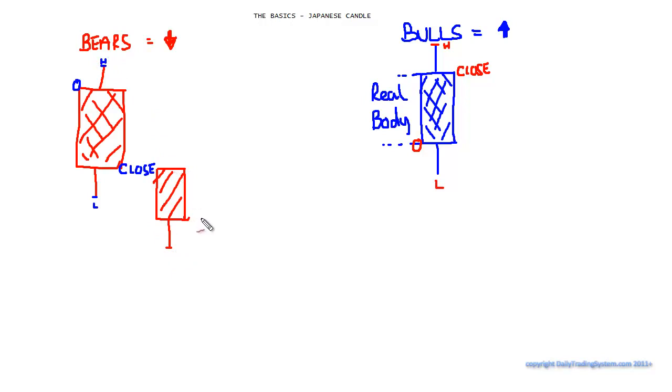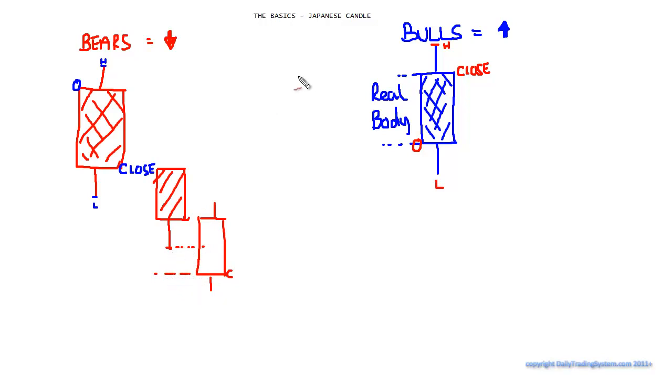Okay, if you have another one here, although it's made a new low, it's also closed lower as well. This is also very important. You can see that this area here is where it closed a lot lower.